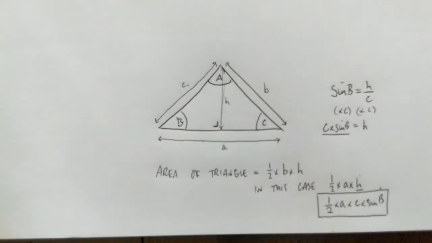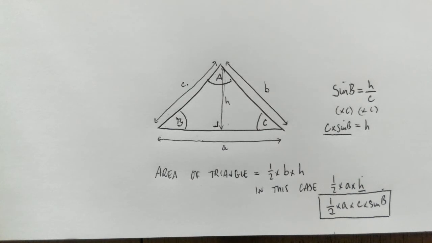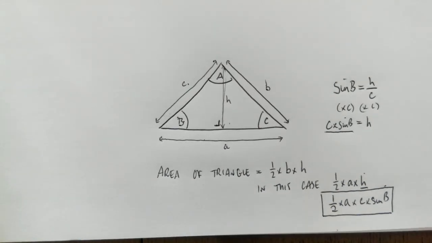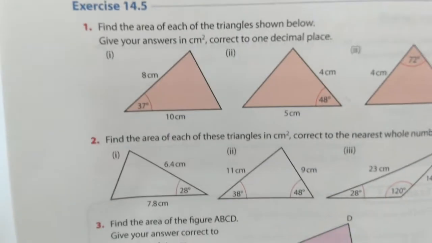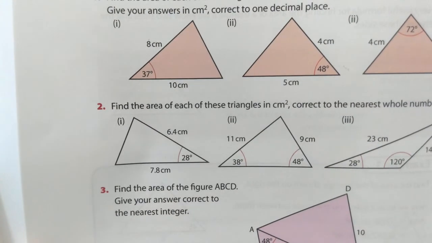Right? So I'm going to do a couple of examples with you, then I'm going to set you some work to do in Google Classroom based on what I'm teaching you now. I'm going to use examples from the book. So I'm on page 404. I'm going to copy question 1, part 1.